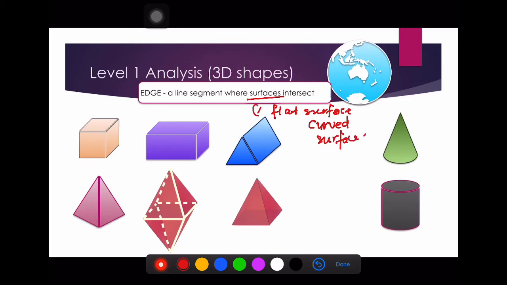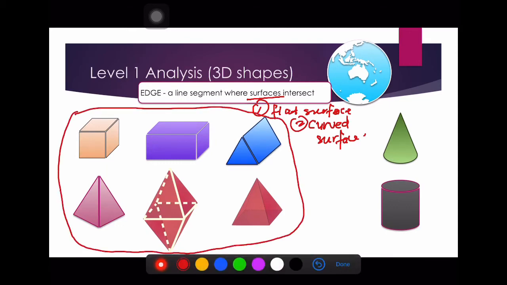Right, so we have two types of surfaces. Now for polyhedron, they have faces. And faces are actually flat surfaces. So you only use the term face when you see a polyhedron.